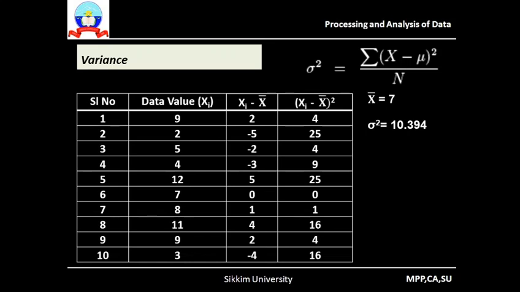Then we have found out the square of the differences. Eventually we have added all the squares of the differences and divided it by the total number of instances. So here variance is equal to 10.394 with mean as 7.